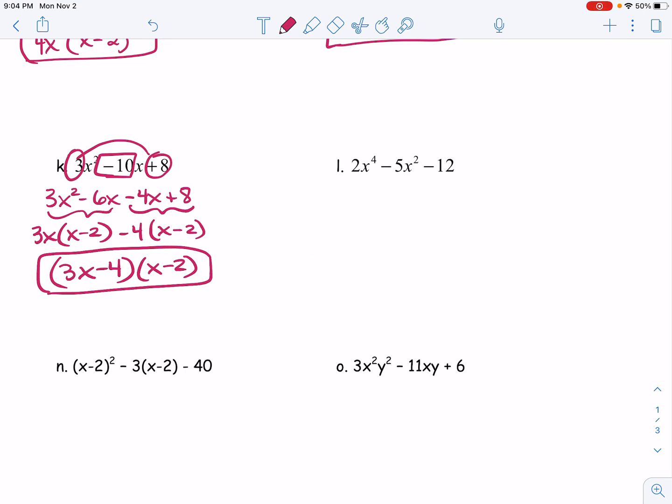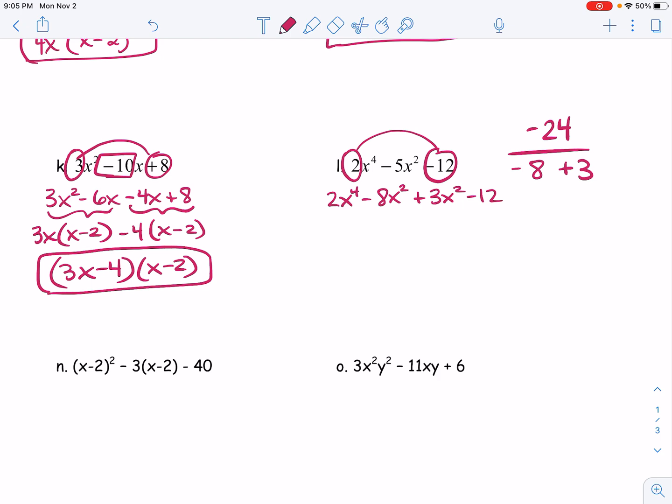Let's try it again. 2x to the fourth minus 5x squared minus 12. Is there a GCF? No. Is it a perfect square trinomial? No. So I need to try to factor a times c, negative 24. Factors of negative 24 that add up to negative 5. That is going to be negative 8 and positive 3. Rewrite. 2x to the fourth minus 8x squared plus 3x squared minus 12.